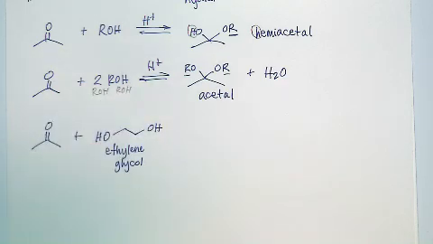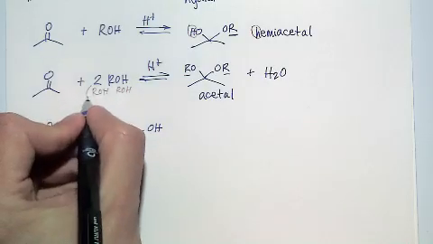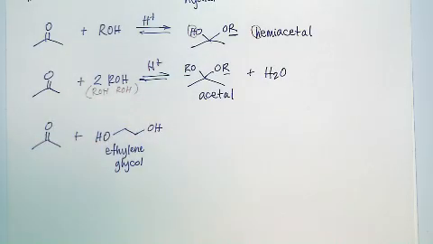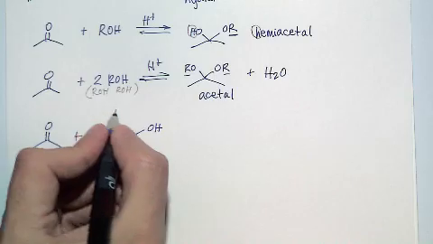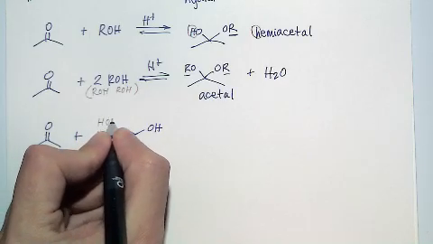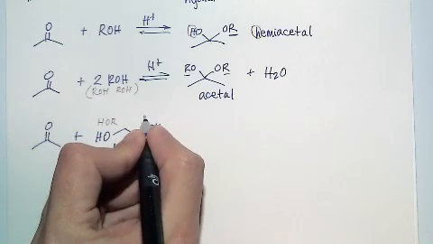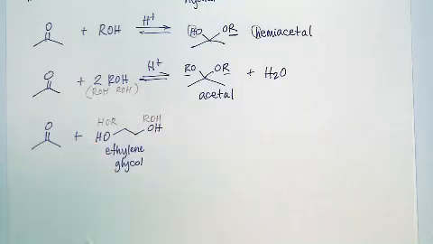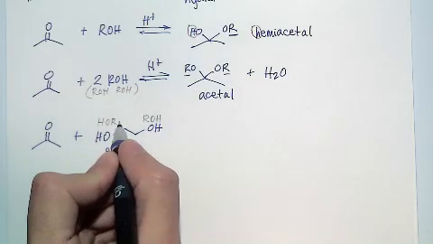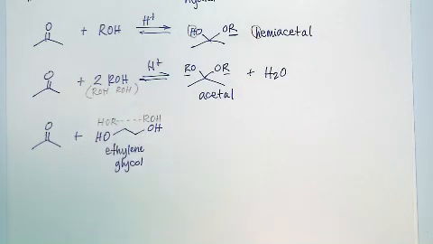Just 2 equivalents of ROH. This molecule, ethylene glycol, has an ROH there and an ROH there. So you're kind of adding 2 equivalents of alcohol because you've got one molecule with 2 alcohols on it. But in this case, the only difference is that the R groups are just connected to each other.